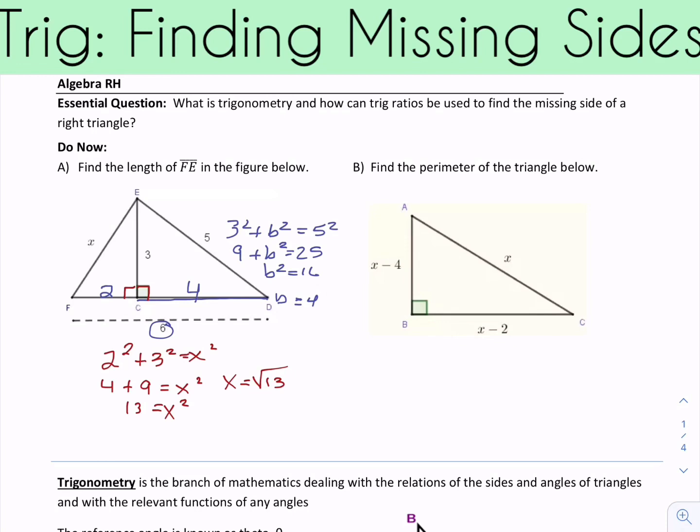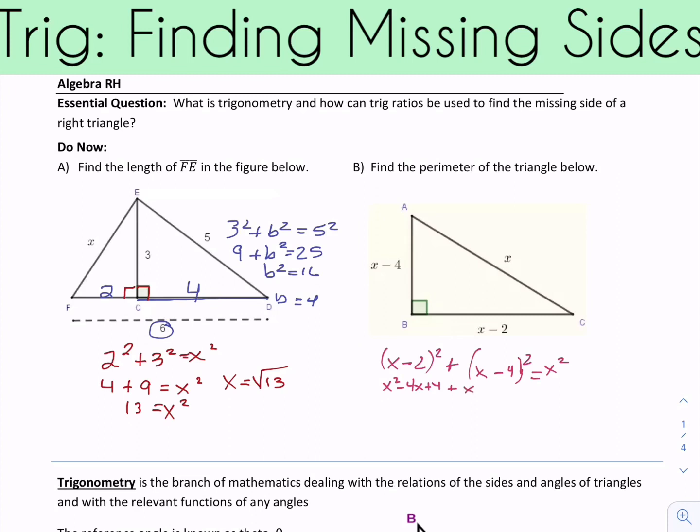Moving on to the next one, apply Pythagorean theorem here. We have a squared plus b squared. The other side to this triangle is x minus 4. And then equals c squared, which is going to be x squared. And what's going to happen is we're going to have to double distribute. I'm just going to speed this up. This is going to be x squared minus 4x plus 4.